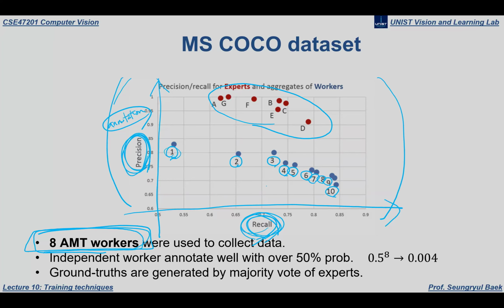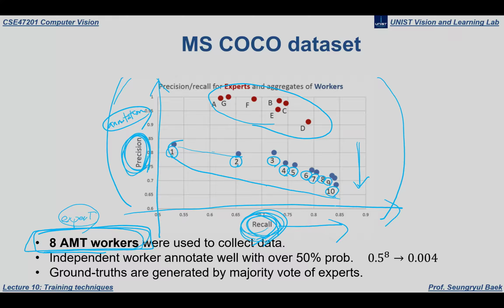Interestingly, if you involve more workers, the precision is becoming less. Okay, I don't know why, but maybe they make some confusions and they are not experts in the data collection part. So if you involve more workers, their precision could become less. But their recall is becoming better because they annotate any missing objects.